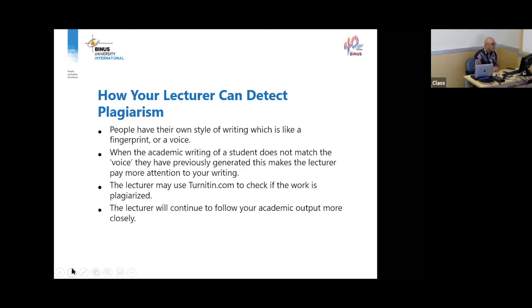It is plagiarism detection software, but we use it not to catch you plagiarizing, but to help you write better. And the lecturer will continue to follow your academic output more closely. So that's how lecturers are trained to detect plagiarism.